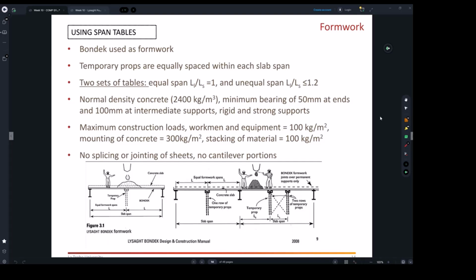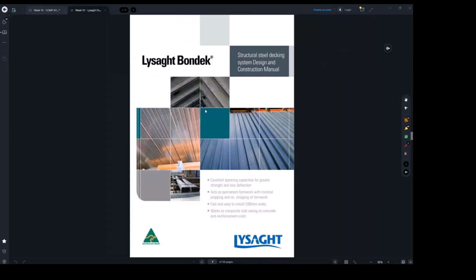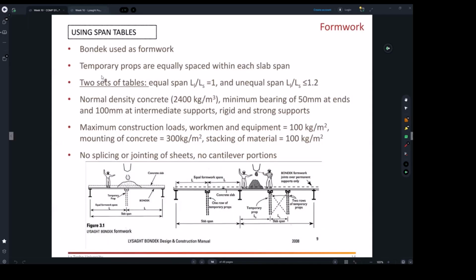So let's progress with our composite slab. Here we will be talking about using span tables, which you have access to from this document I'm sharing with you, and just some basic information. Bonding is used as a framework.